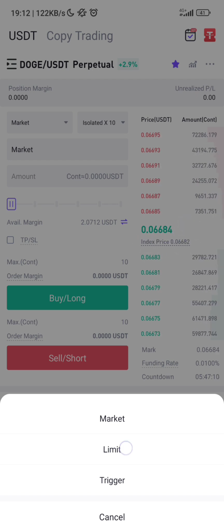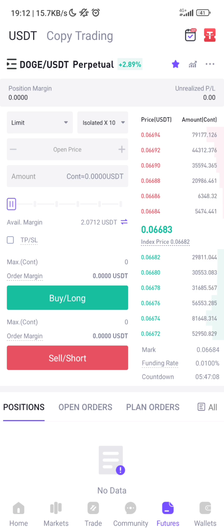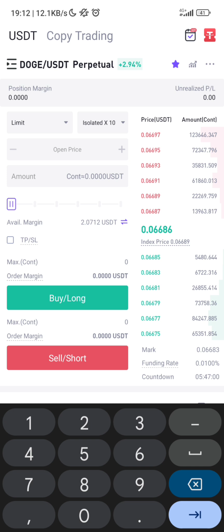But when you set a limit, it means you want to wait for the price to come to your own desired position. So we can give you a signal and say, okay, set a limit at this. Let's say a signal was given to you for Doge.